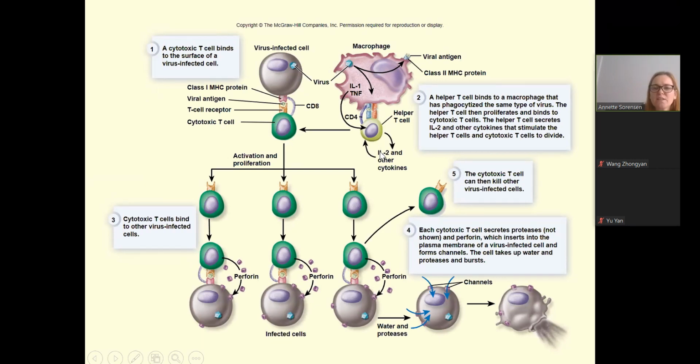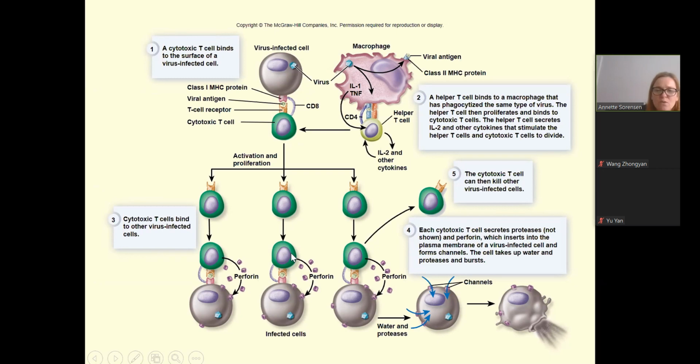So we get stimulation and proliferation of these cells. The cytotoxic T cells proliferate and they'll bind to other virus-infected cells.